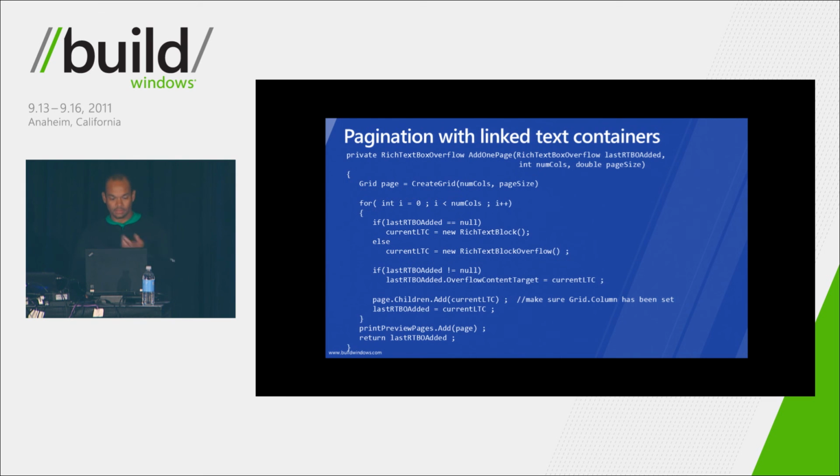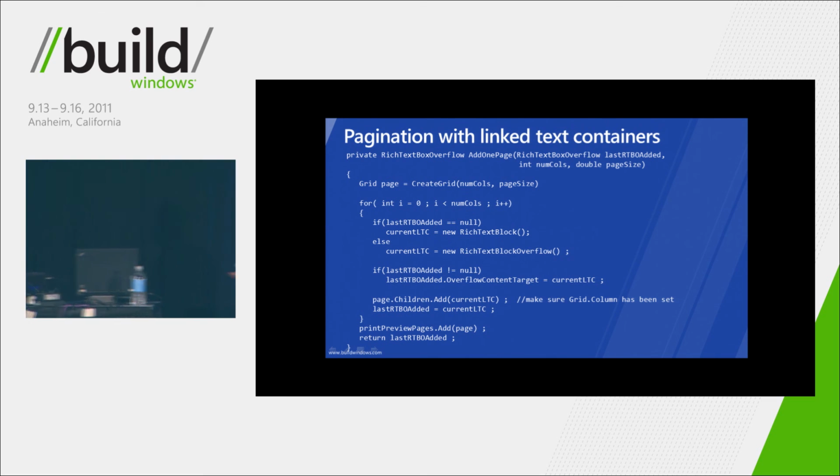If you look at the code for add one page, we basically create a grid and then create X columns based on the orientation. If we pass in a rich text block overflow, and we do that right, we can check right here. If the rich text block overflow that was passed in is null, then we know that this is the first page.